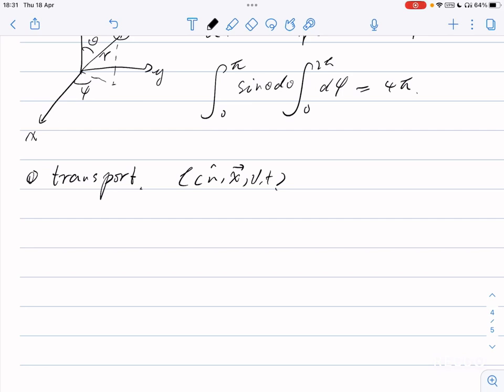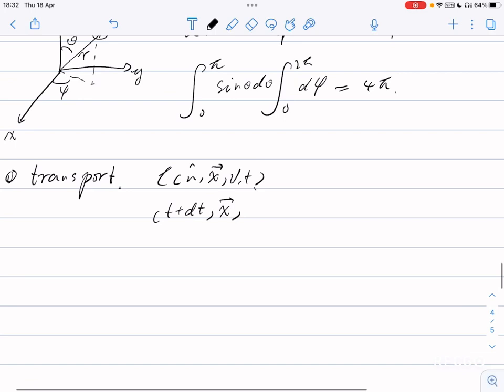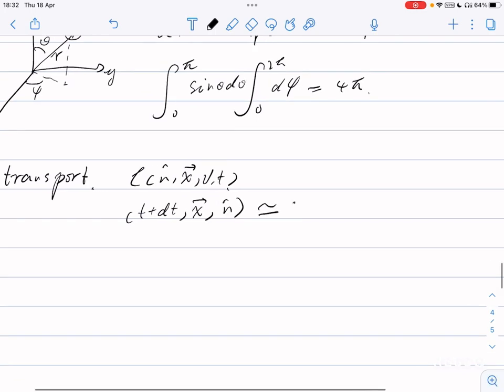If nothing happens to the radiation, then obviously the photons at time t + dt, position x, and direction n will be just the same as the photons at time t, position x − c n dt, and direction n.